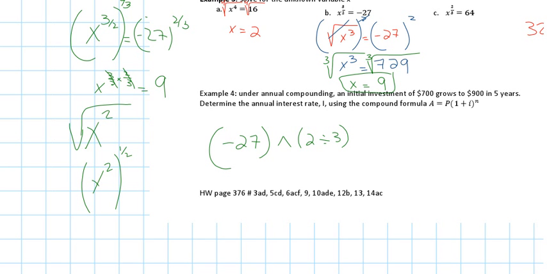Negative 27 power, and then open the exponent, and then do 2 over 3. Instead of doing that, you can. This is the same thing. It's going to give you the same answer, 9.